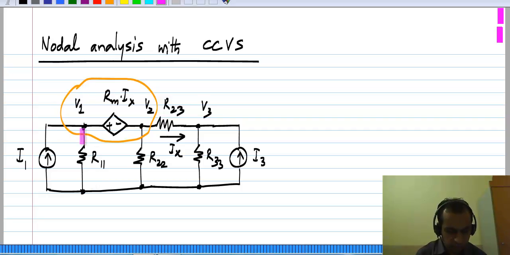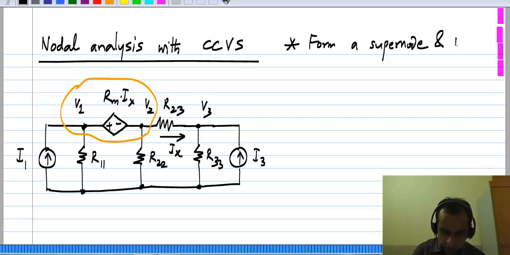So when you write it for the supernode, any current flowing between the nodes will not appear because that current is not crossing this surface. Following the usual procedure, you form a supernode and write the KCL equation.